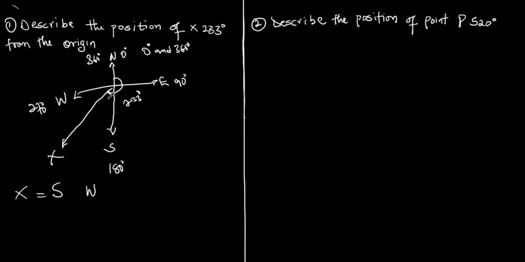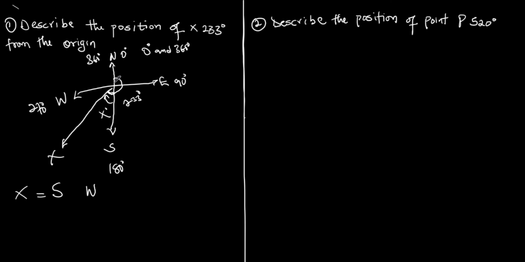However, we need to know the exact bearing for X, because X is starting from the south, not from the north. Starting from the north to X is 233 degrees, but X is southwest. Starting from the south now, subtending at X.